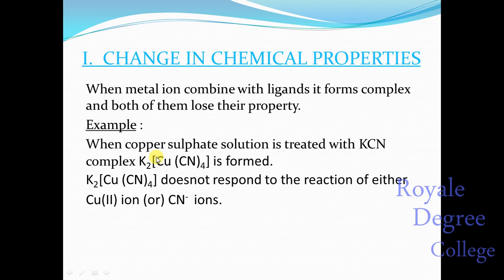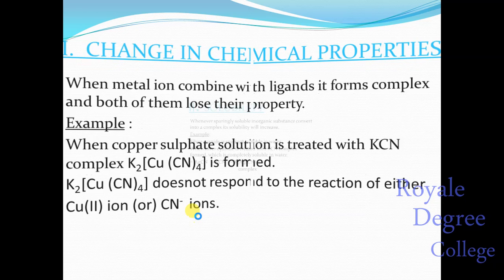Which complex? K2[Cu(CN)4]. This complex does not respond to the reactions of either copper ion or cyanide ion.